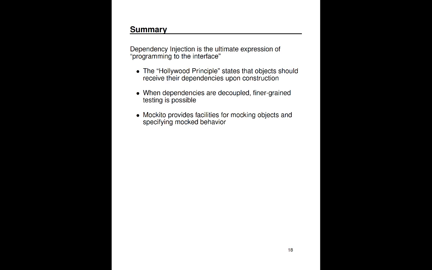If you do this and you end up with dependencies that are decoupled, you can enable a finer grained testing that is easier and cheaper to do because you're not using the real objects. And one way to implement those tests is to use an API like Mockito, which provides rather advanced facilities for creating, configuring, and verifying mock objects.